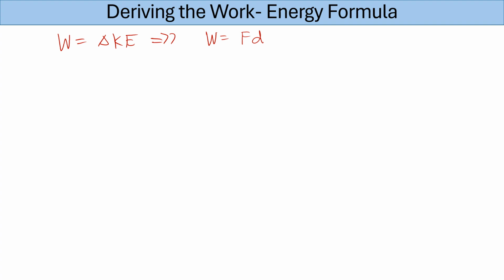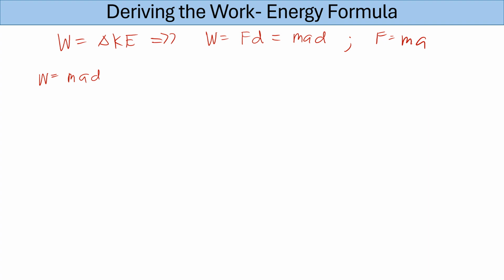According to Newton's law, we can expand this as ma times d, because F is equal to ma. So following that, you have work is equal to the mass times acceleration times d.